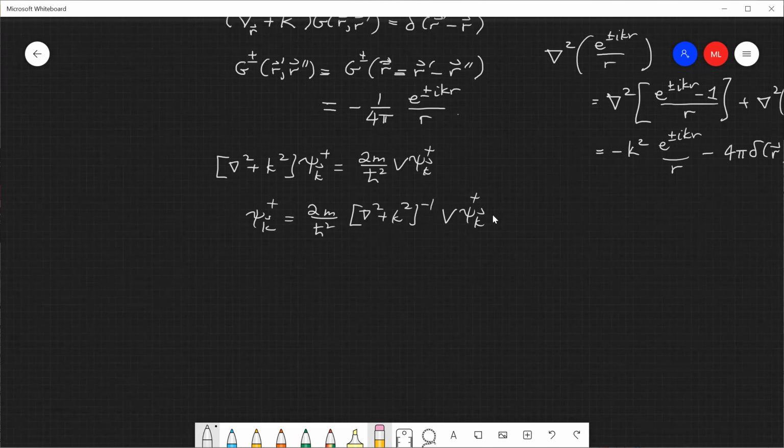Now, the thing to notice, and this will be our Green's function. But before we write out what this is, remember in position space when matrices multiply each other like this, you of course have to integrate, because that's like a sum over indices. We'll do that in a moment. But the thing to notice is that this operator, if it acts on a plane wave, gives us 0, which is also something you can check.